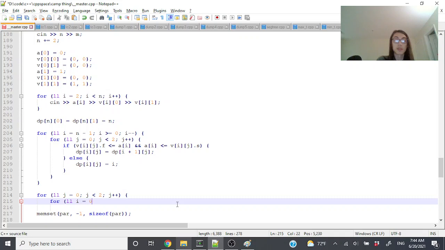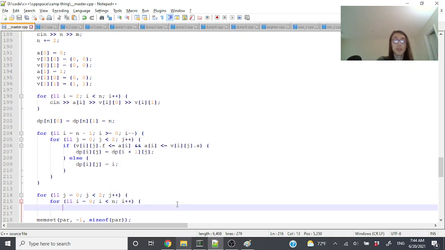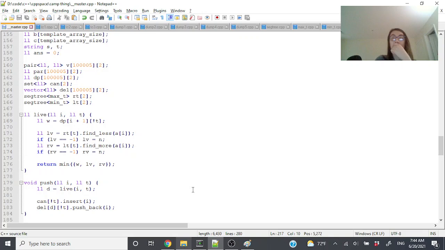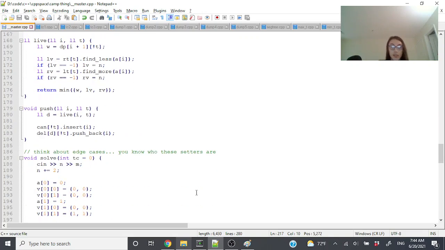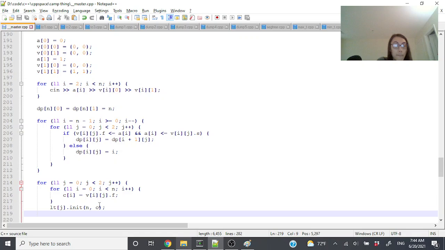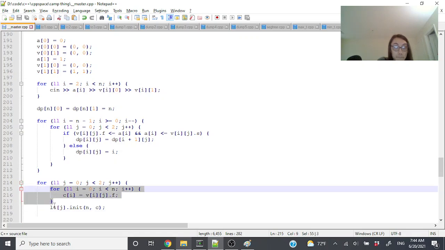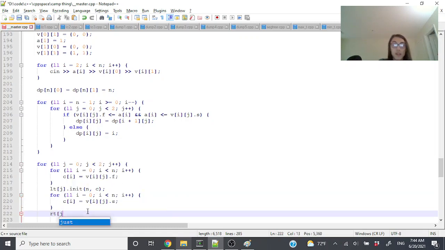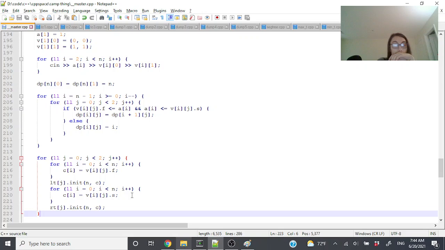For i equals 0, i less than n, i plus plus, c[i] is equal to v[i][j].first. This is lt. So lt[j].init(n, c). And this is rt[j].init(n, c).